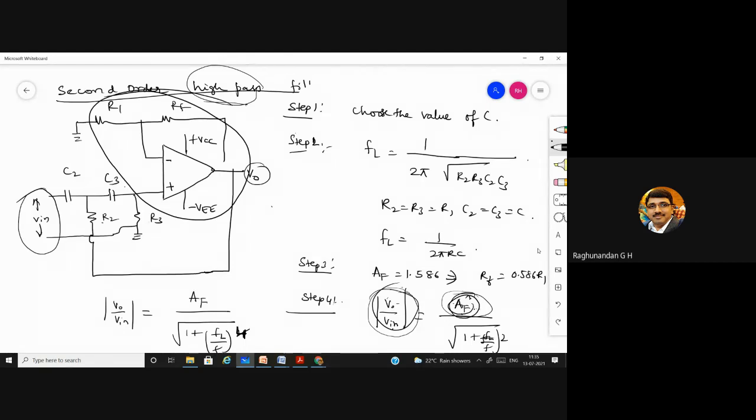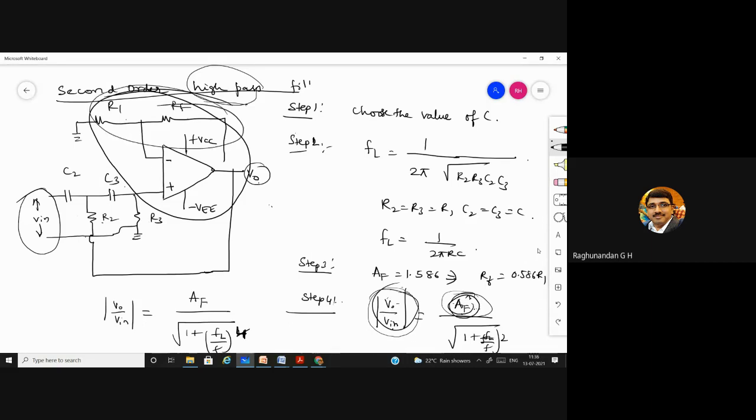AF is the actual gain for which the circuit is being designed, and this (R1 plus RF) by R1 is going to tell about the gain. So by properly tuning the frequencies, we can achieve the overall gain equal to the actual expected gain.